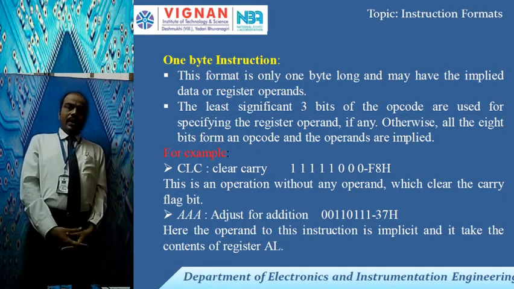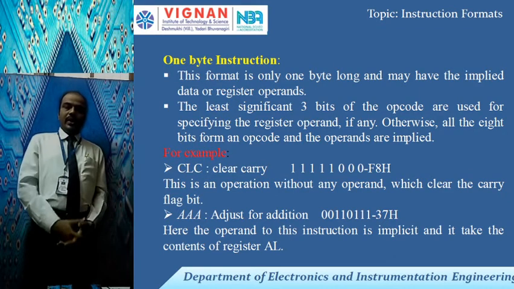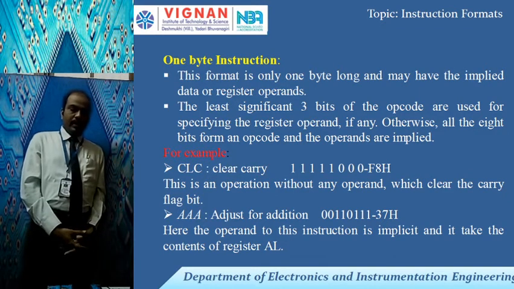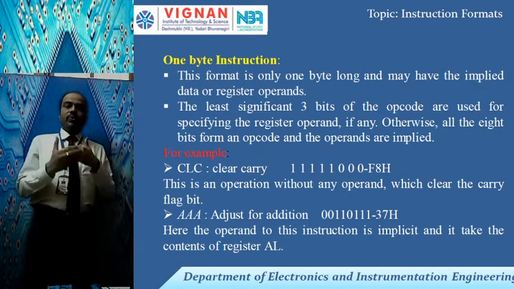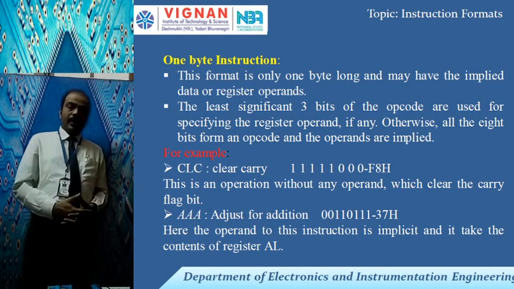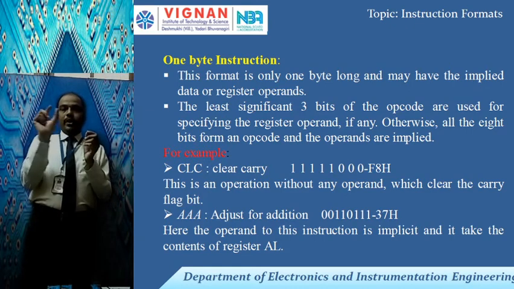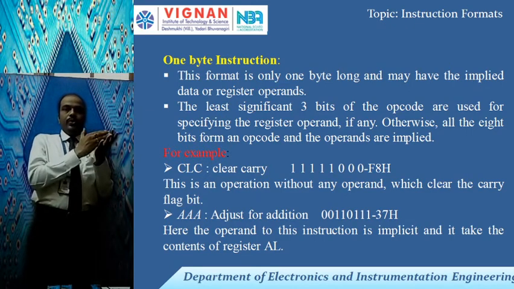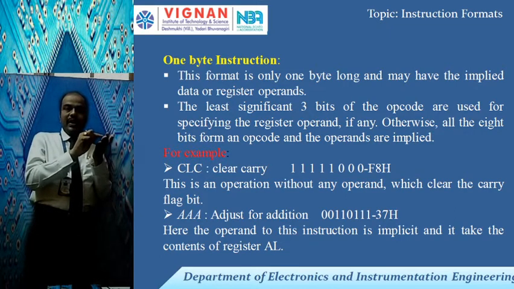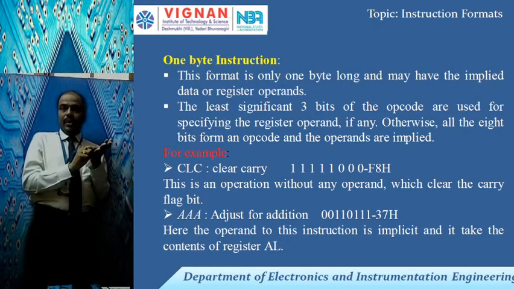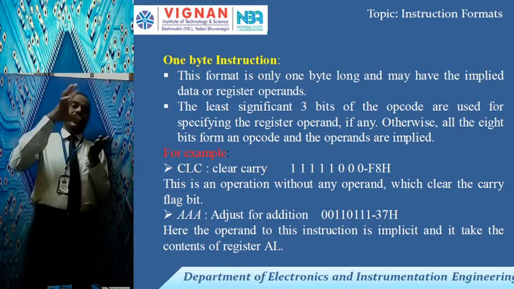Generally the least significant 3 bits, the LSB, of the opcode are used for specifying the register operand, if any. If that instruction contains any register operand, the least 3 bits, for example 100 0111, the last 111 represents the register operand, that is the register which contains the data.